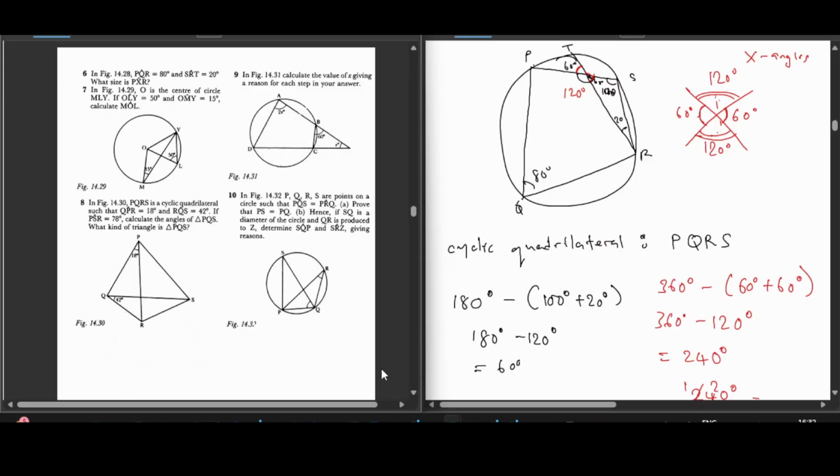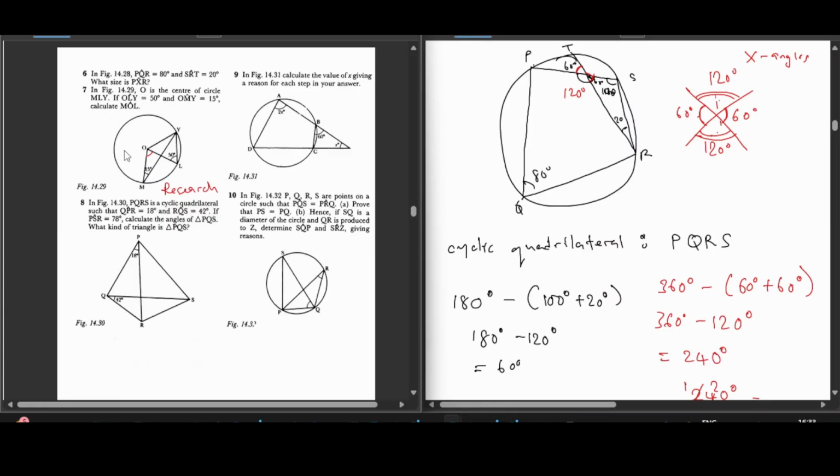So you can do number 6, 7. In fig 14.29, O is the center of the circle. And it is given that one angle is 50 and the other is 15. Calculate MOL. So MOL is the angle being asked for.